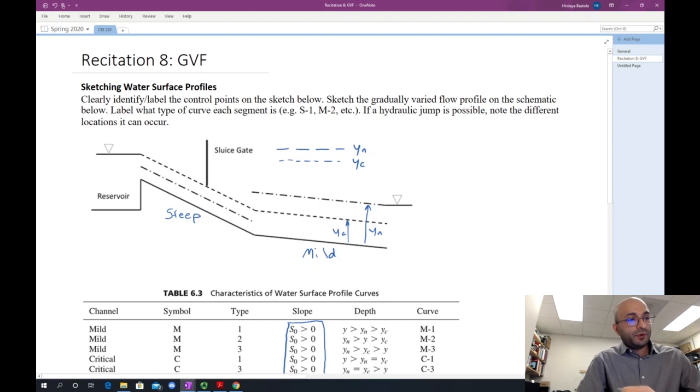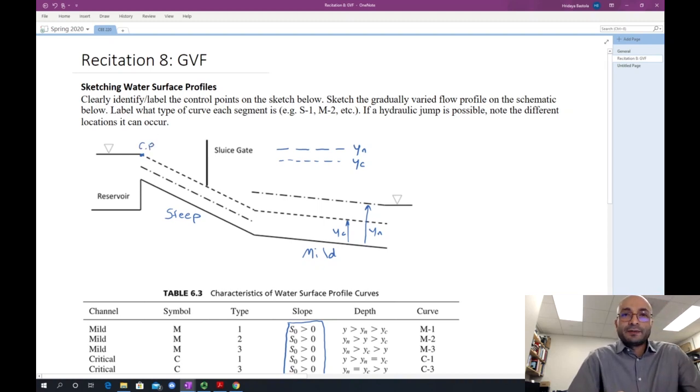After you have identified the channels, you can take a look at the control points or control sections. Right at the inlet, in a steep channel, we know the water will be at critical depth. So this is our control point here.